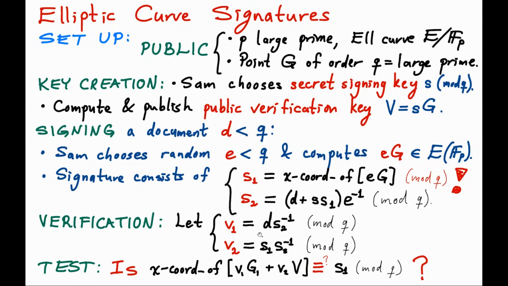That's what we're signing. S came to be as a signing key modulo Q. S1, we just made it be born as an element modulo Q. So this is arithmetic modulo Q, D plus S S1, and then you divide by E, which is also an element modulo Q, which was used as an exponent, so naturally lives in FQ.